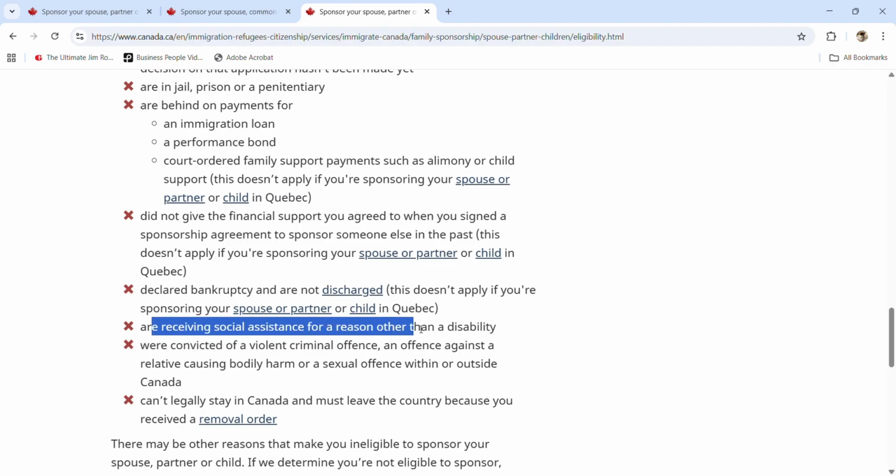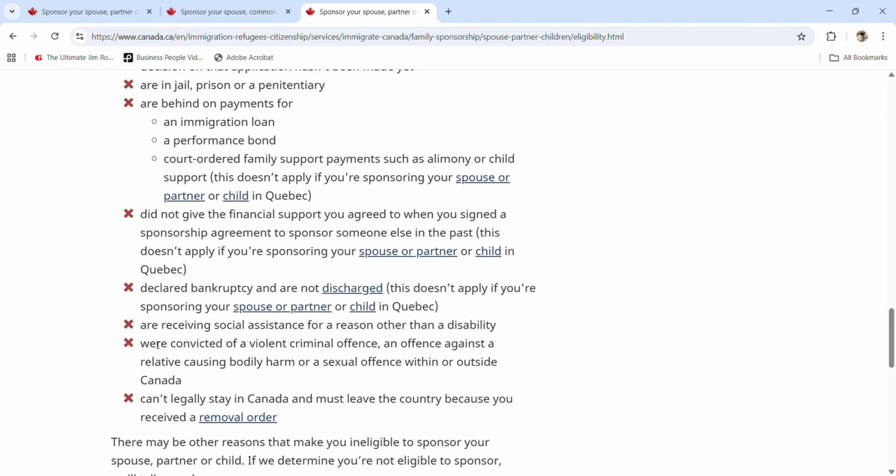Because if you cannot support yourself, then you cannot support your spouse or dependent child when they become permanent residents here. But unless you are on disability, then you can still sponsor your wife, your husband, and your dependent children.